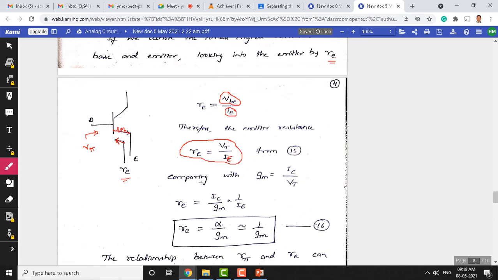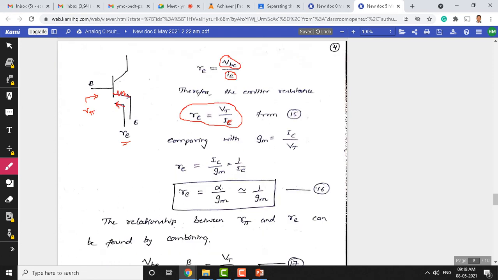Other alternative expressions can also be derived, similar to the expressions we derived for R pi. Here also we can compare: gm is equal to IC by VT, and we can write the expression for this RE. So in place of VT here we can write IC by gm.